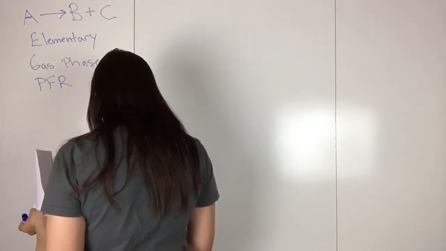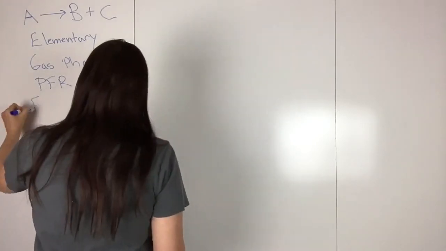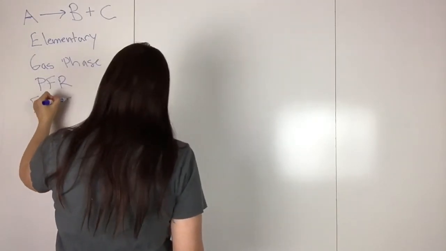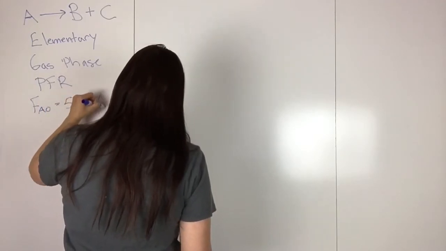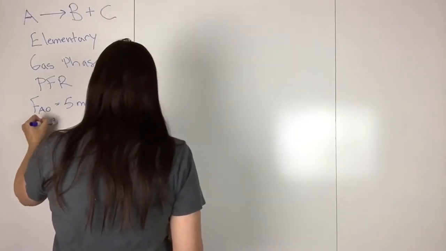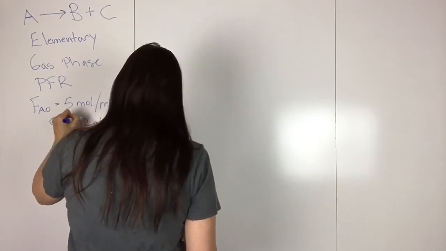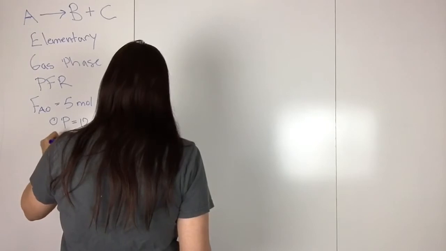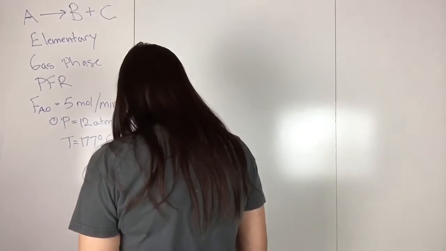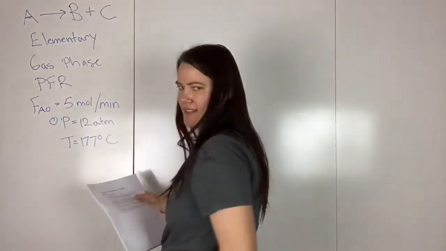You know that the molar flow rate of pure A is 5 moles per minute, and this is at pressure of 12 atmospheres, and the temperature is 177 degrees C. And then it gives you the rate constant at this particular temperature.